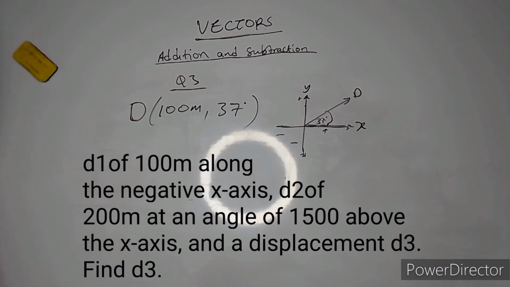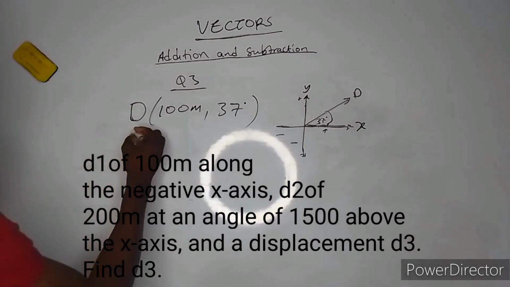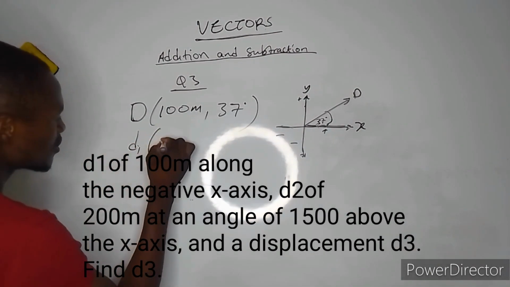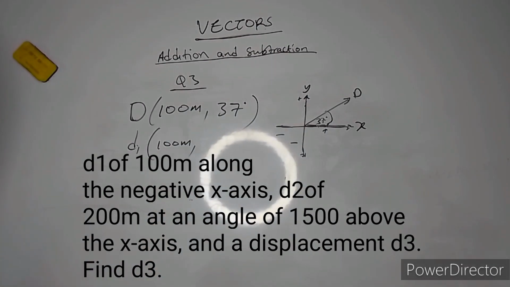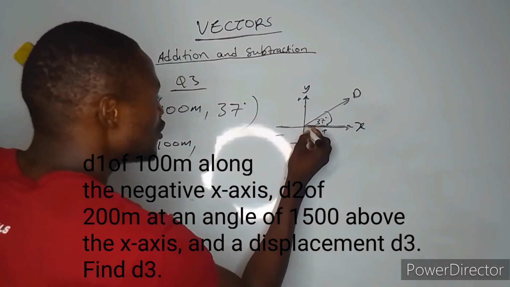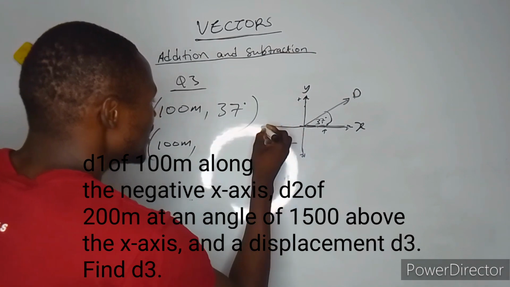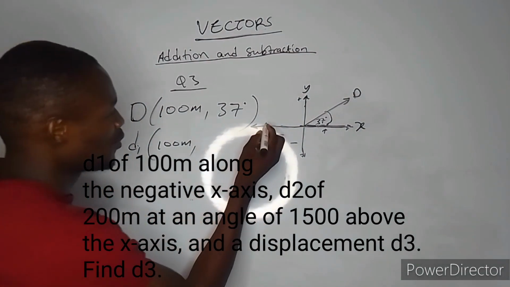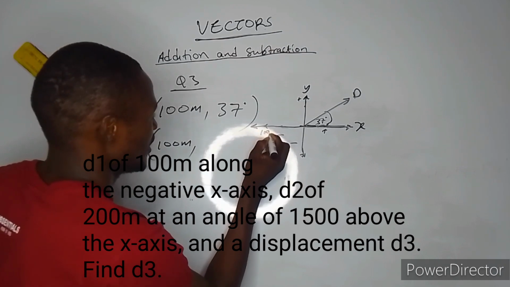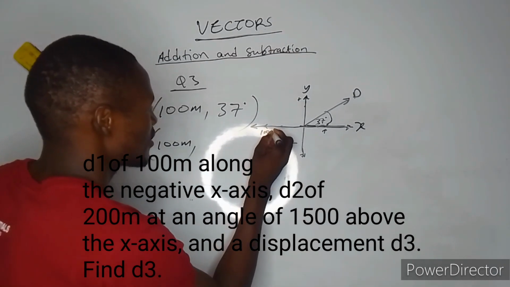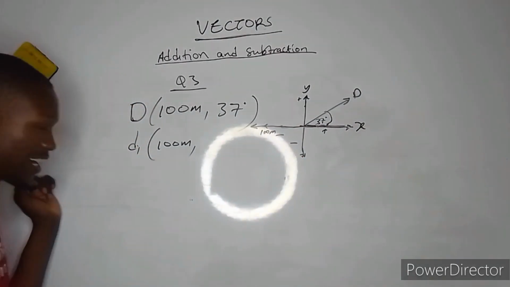There is d1 of 100 meters along the negative x-axis, which means only in the line of the negative x-axis, which is here. So this is our 100 meters, along the negative x-axis.